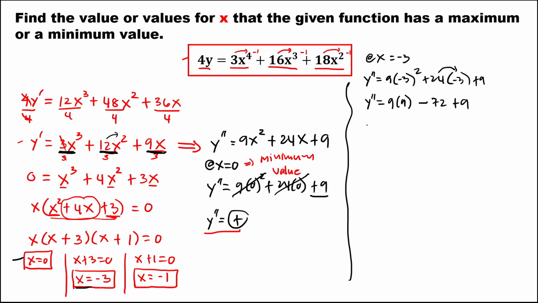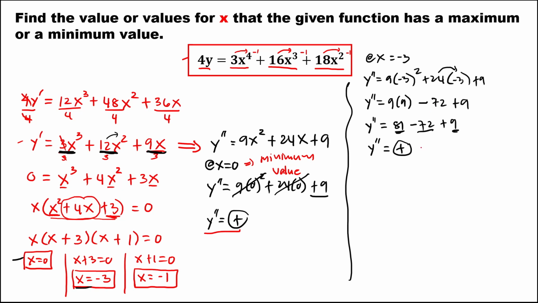Then to simplify, y double prime equals 81 minus 72 plus 9. So y double prime equals, 81 plus 9, this is 90 minus 72. So this is positive.